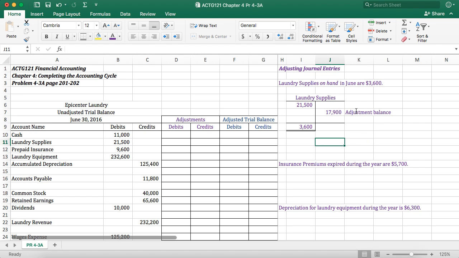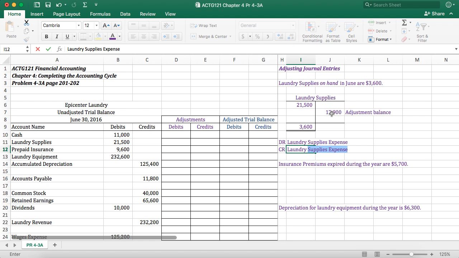So our journal entry will be a debit to laundry supplies expense and a credit, right? Because this is a credit to laundry supplies. And remember, I like to put in parentheses for you, the student, that it's an asset account.